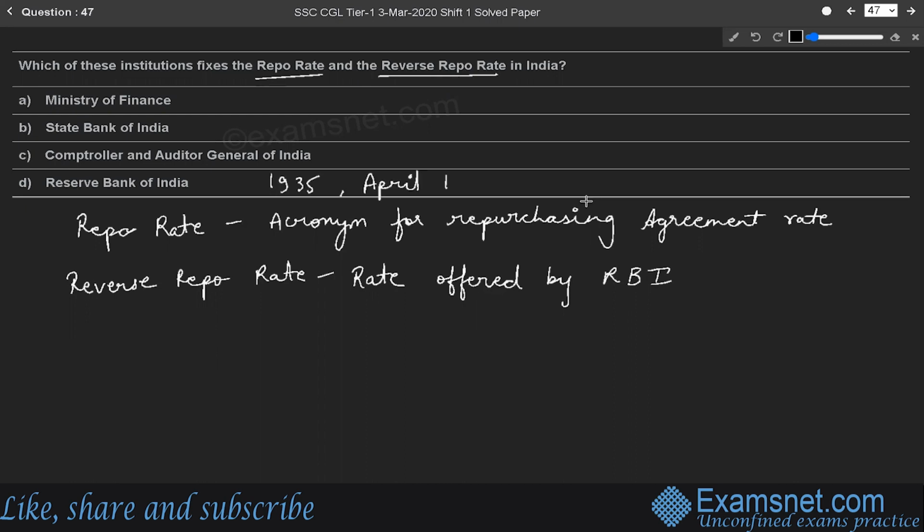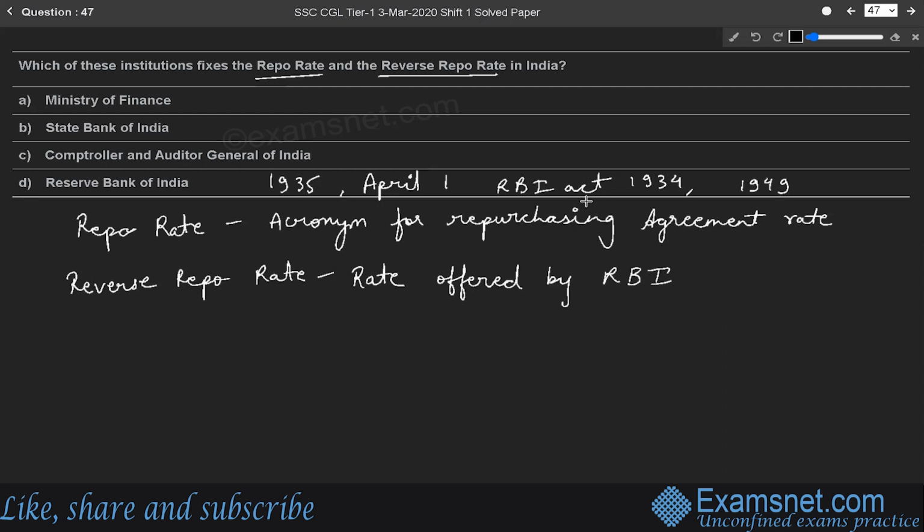And it was established under the RBI Act 1934. But it was established as a private bank. And we know that it is an apex banking institute of India. And RBI was nationalized in 1949. RBI also regulates these rates as a part of its monetary policy.